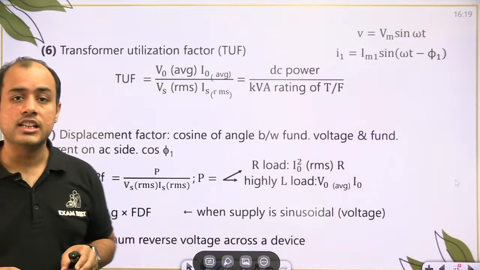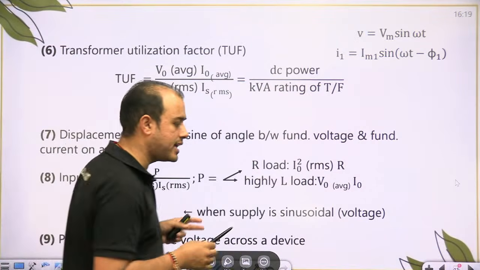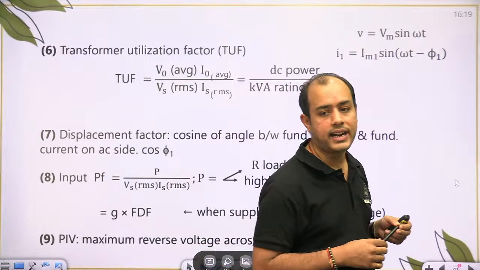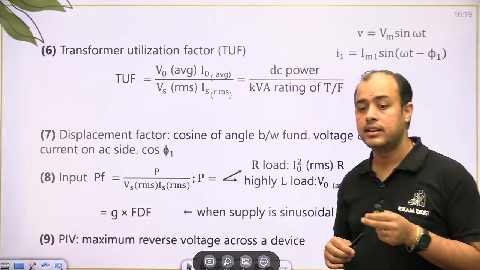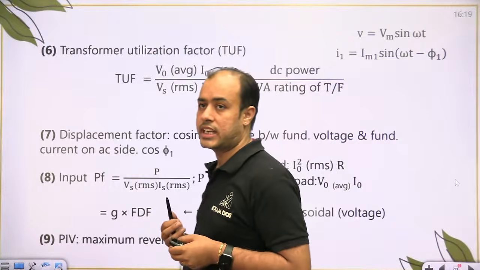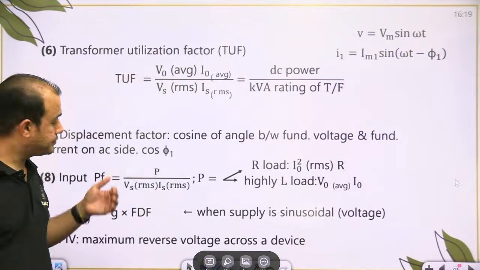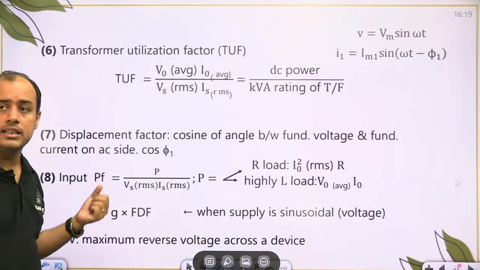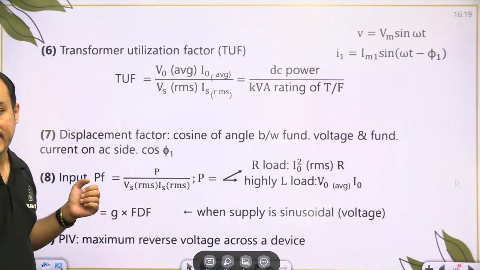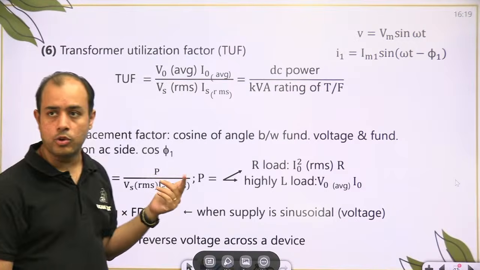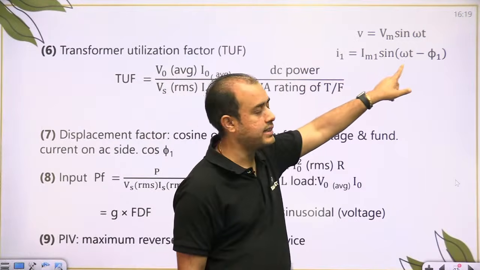Now, where is the transformer located? The transformer is actually located, बेटा, at the input of the rectifier. So the AC input to the rectifier is being supplied by a transformer. Now, displacement factor is the cos of the angle between the supply voltage and the fundamental current.